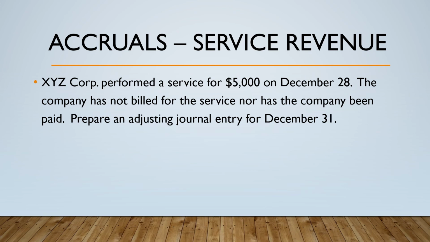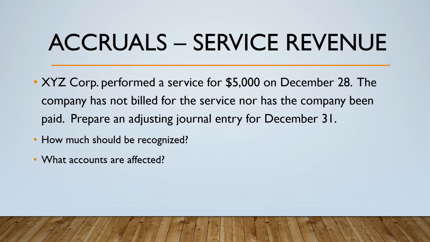So the accounts that we would be looking at, the amount's $5,000, but the accounts that we are looking at are going to be our accounts receivable, and we'd also look at fees earned, and both of those are increasing. So accounts receivable would be your debit amount for $5,000, and fees earned would be your credit amount for $5,000.